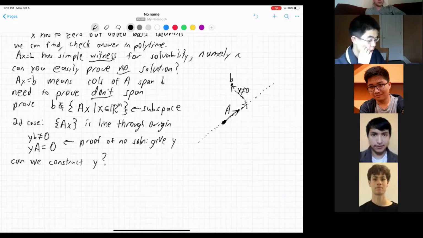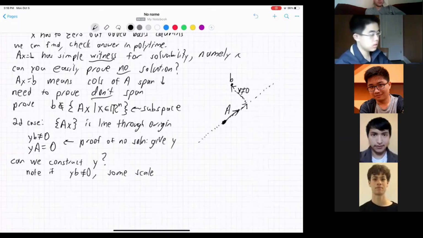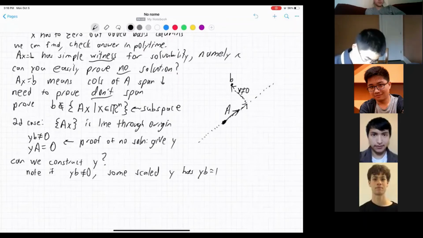One elegant way to write that down is to notice that if YB is not equal to 0, there is some scaled version of Y that achieves YB equal to 1, right? And that means that instead of having this difficult to work with not-equal-to-0 constraint, I can just say I want YB equal to 1 and YA equal to 0. Obviously, scaling Y is not going to change the fact that YA is equal to 0.